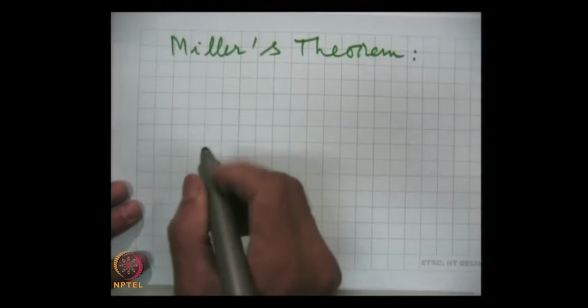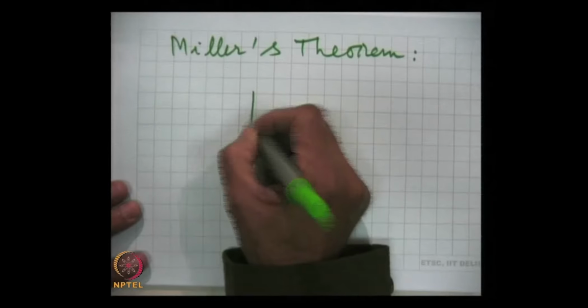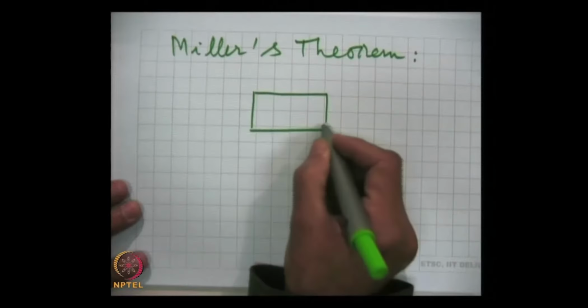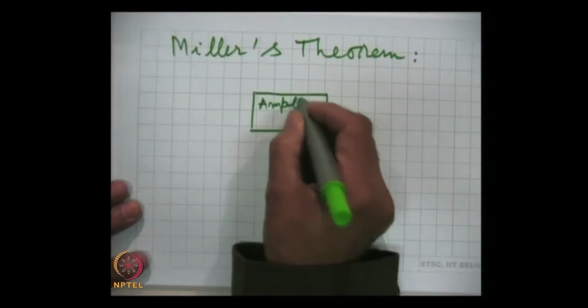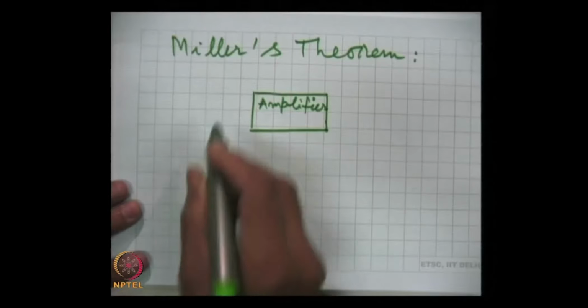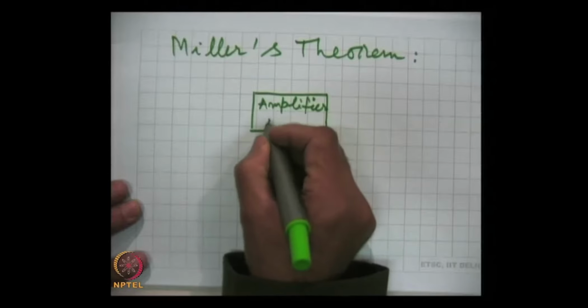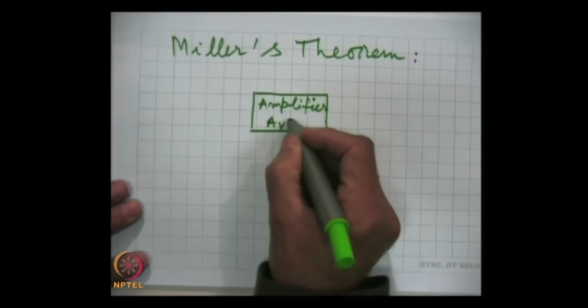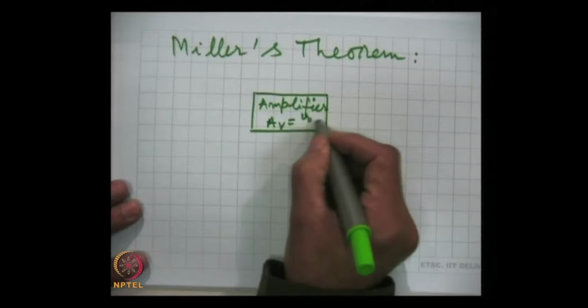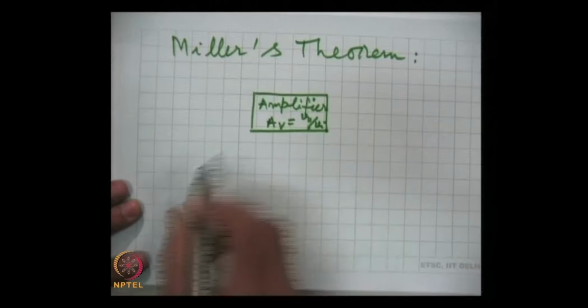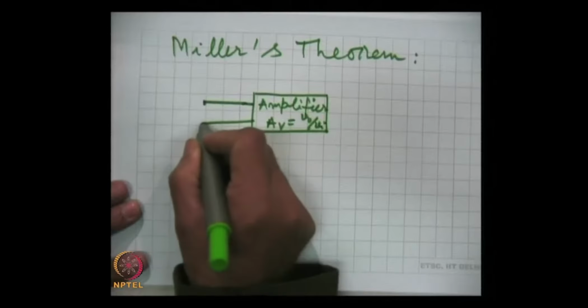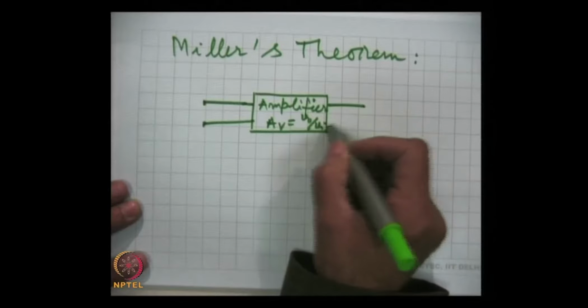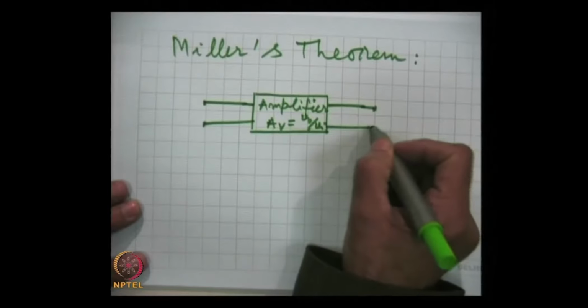For example, where Miller's theorem is applicable, if we have a situation like this, this is an amplifier and its gain AV is the ratio of V out by V in. Here this is the input port, this is the output port.